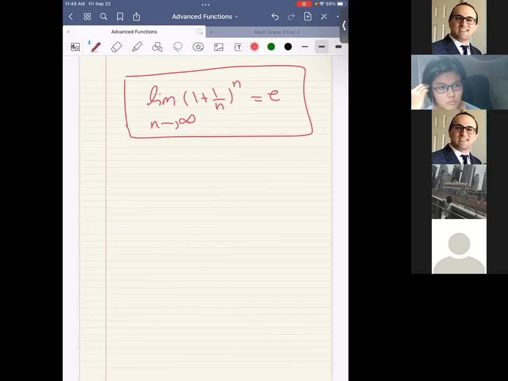You can make a table and see what this number is: 1 plus 1 over 100 to the power 100, 1 plus 1 over 1000 to the power 1000. It approaches the number e when n gets bigger and bigger.